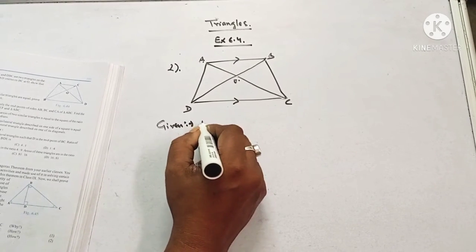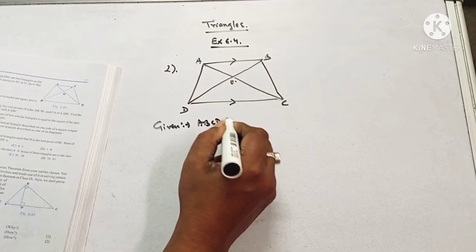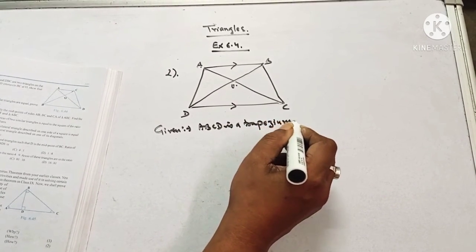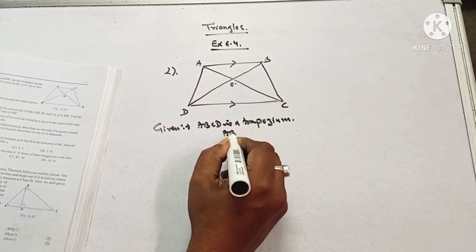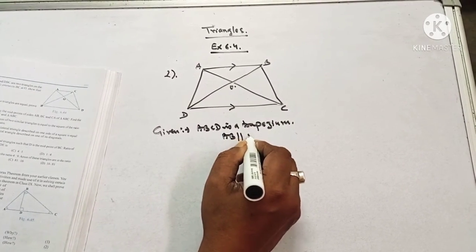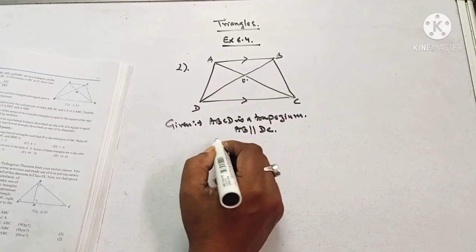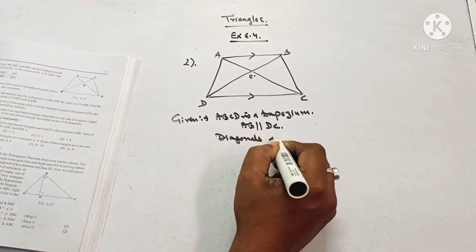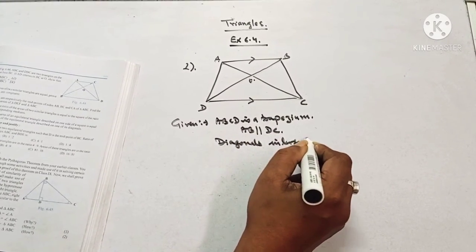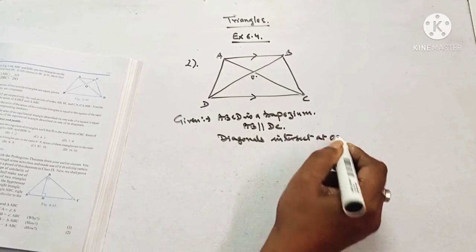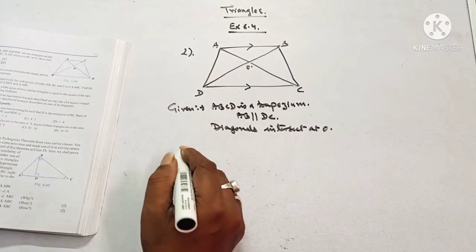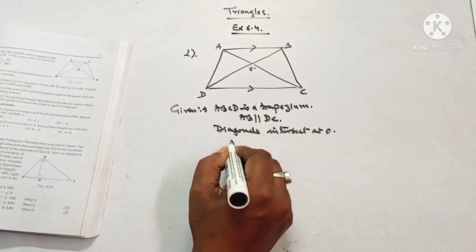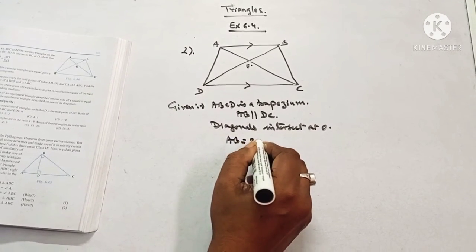given that ABCD is a trapezium, and AB is parallel to DC. This is given to you, and diagonals intersect at O. Now AB is equal to twice CD.